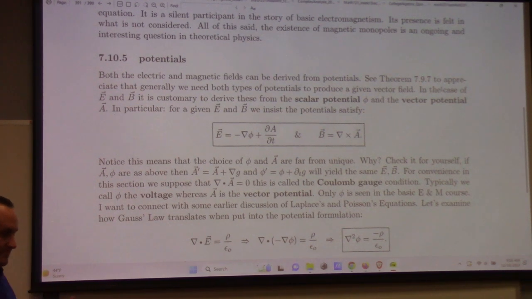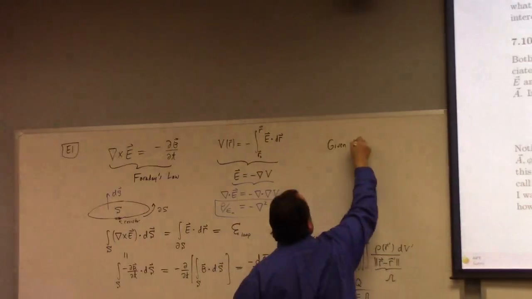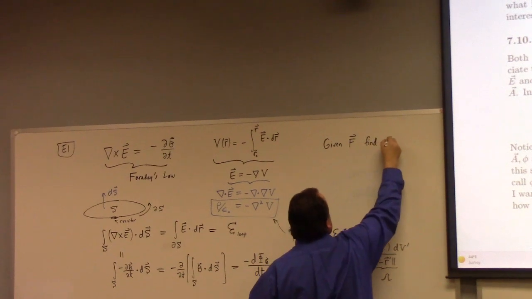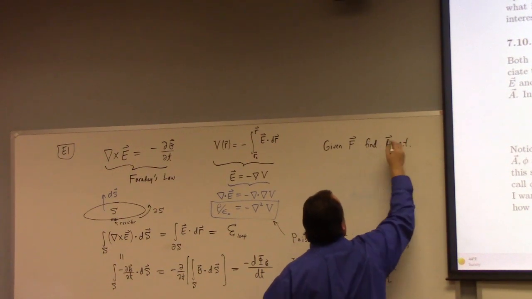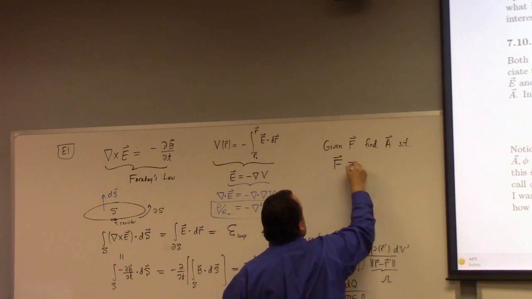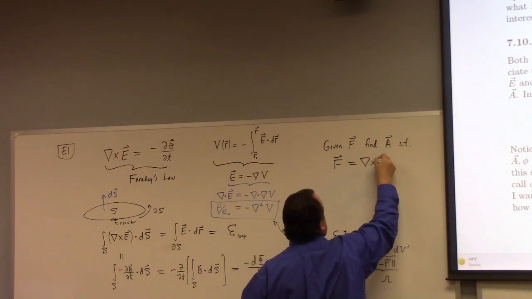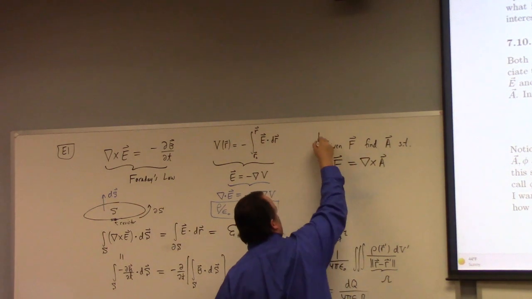Do you guys notice this? If I ask you, given f, find A such that f is equal to the curl of A, you got some problems like that in the homework, and if you ask me about them, I'd help you with them.